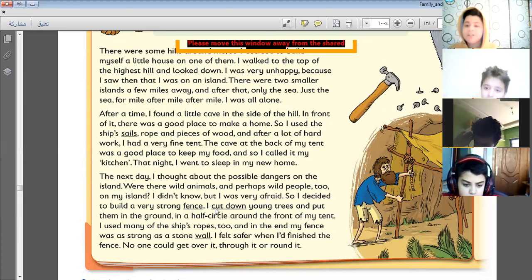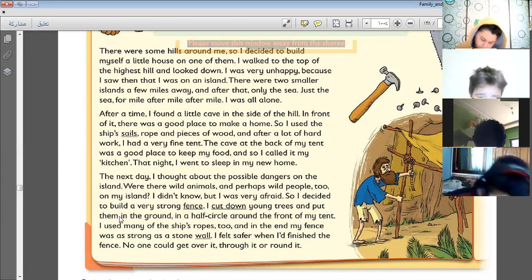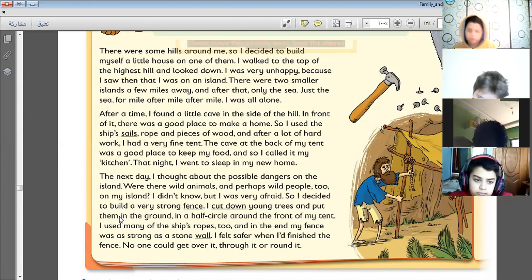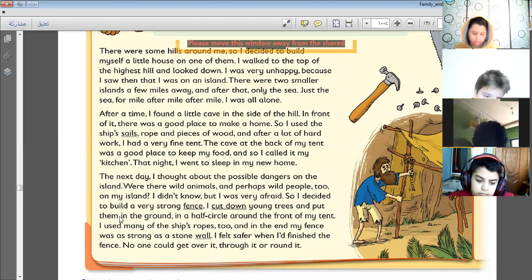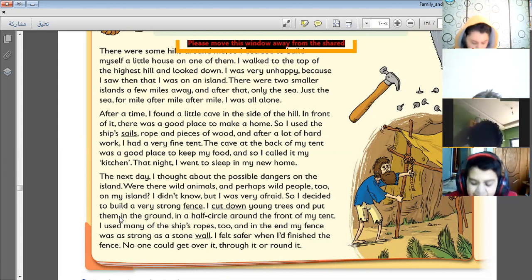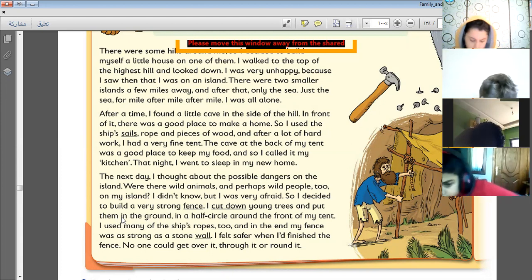I cut down young trees and put them in the ground, and also underlined them. In line number 22. Put them in the ground in a half circle around the front of my tent.